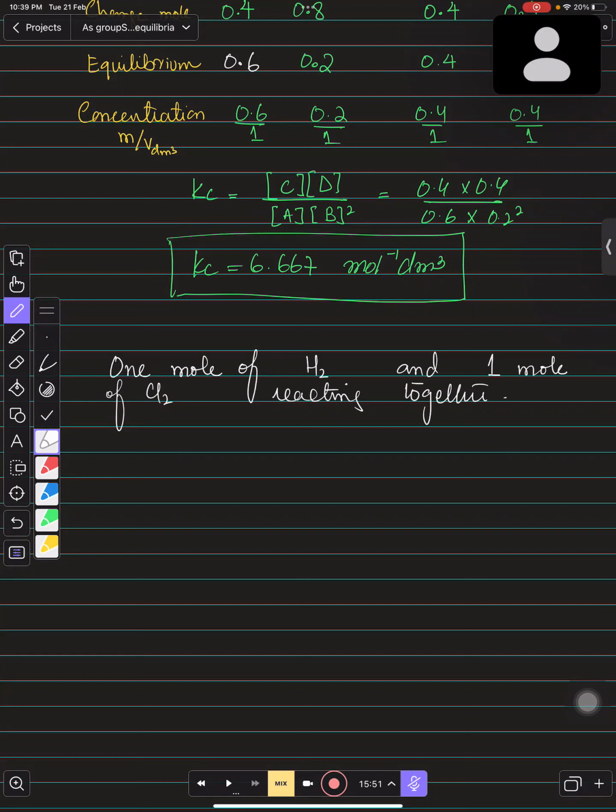Once the equilibrium is achieved, so you will have 33% हाइड्रोजन रिमेन. आपके पास 33% हाइड्रोजन बचती है इक्विलिब्रियम पर, ठीक है ना, यानी कि 67% यूज हो गए.